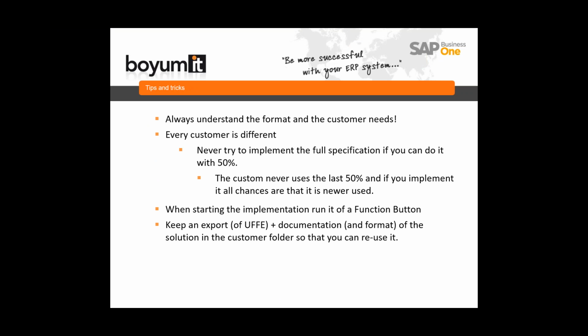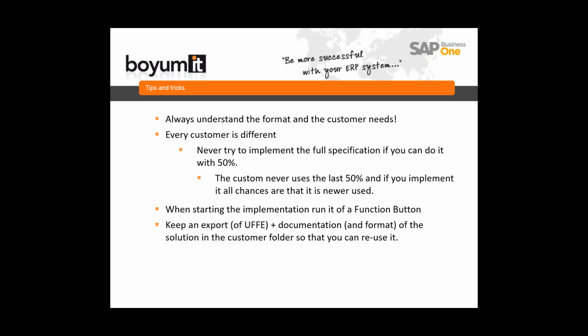Some tips and tricks on working with UFA is that you should always try to understand the format and what the customer actually needs before starting to implement it. Every customer is different, so even though a format might look the same, they are probably going to be using some different fields, or they want to have some different data going into basically the same fields.